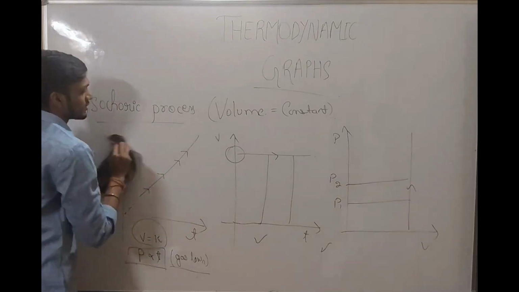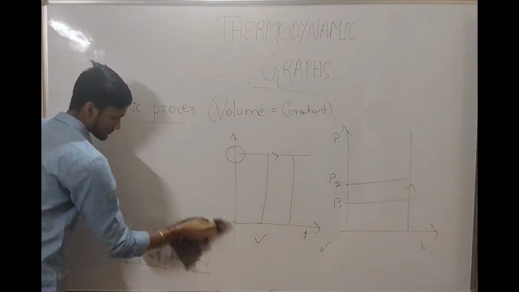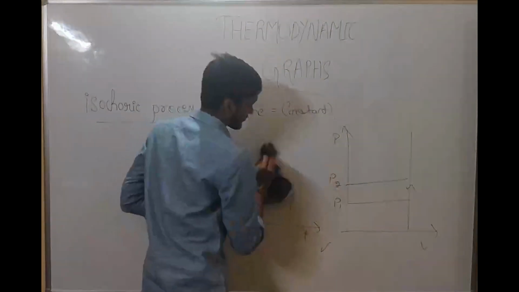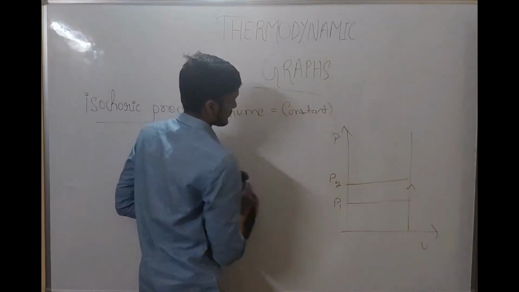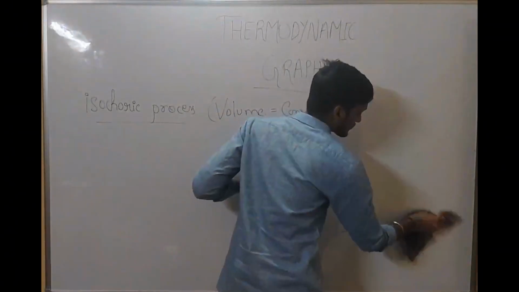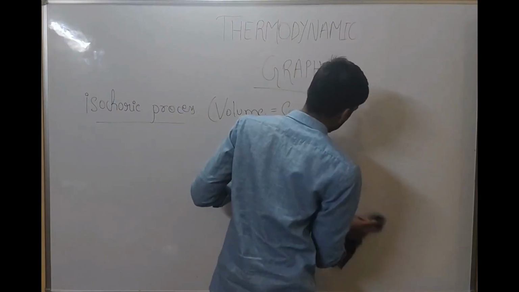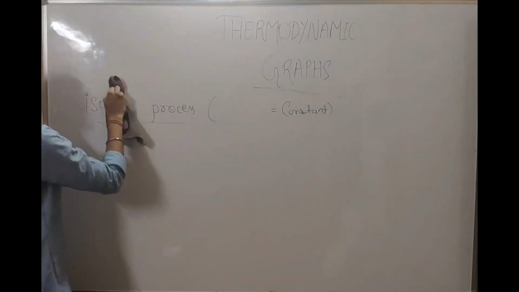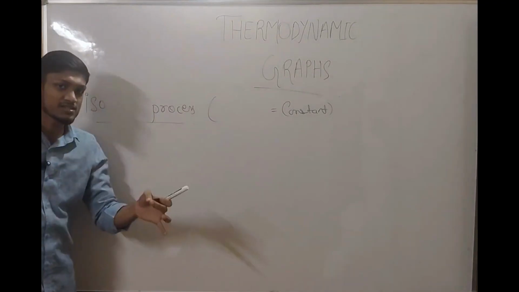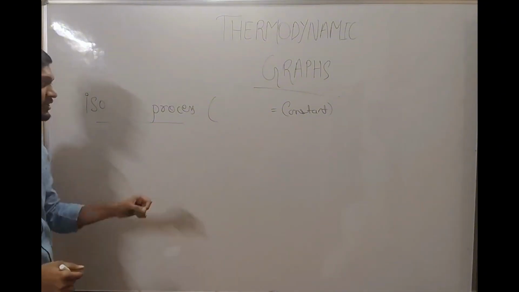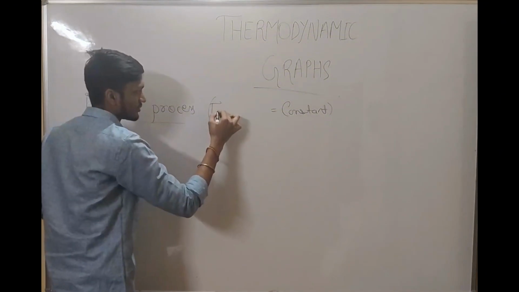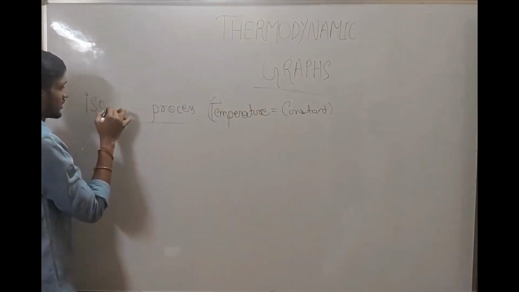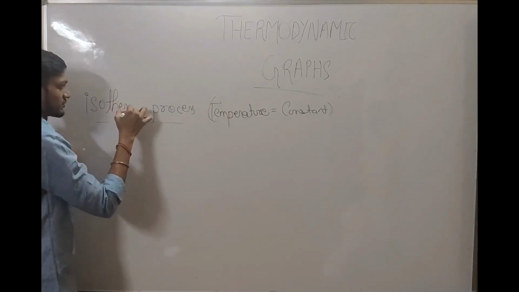Next, let's move on to the next graph. It is where we will discuss what happens in all three graphs when the temperature is constant, when the process is isothermal.